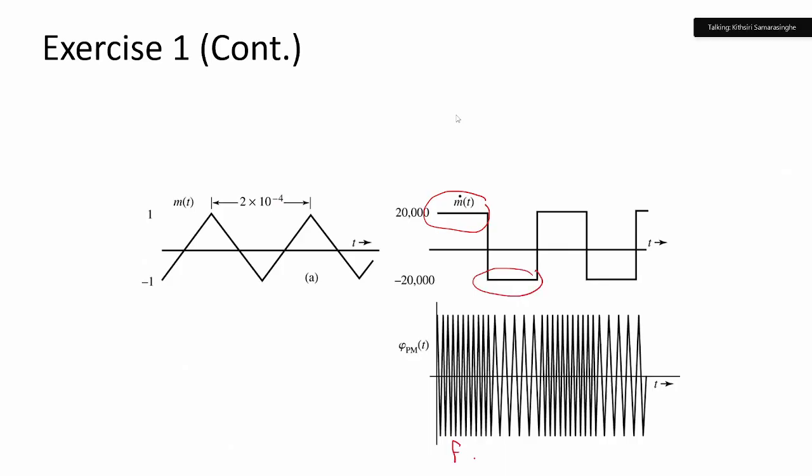So you will get F1 up to this, you will get F2 up to this, likewise. This will be the PM signal now. The phase modulator will give out this waveform when you apply that triangular waveform to the input. Right?